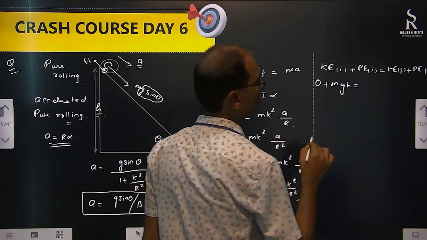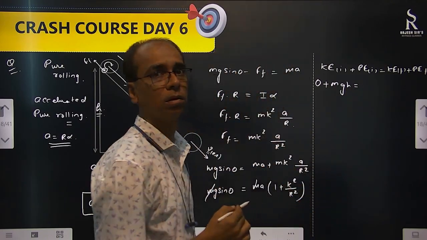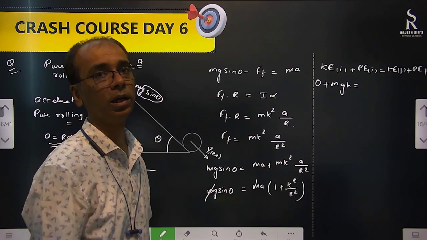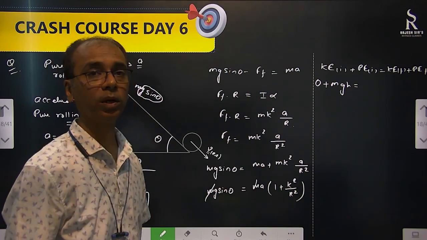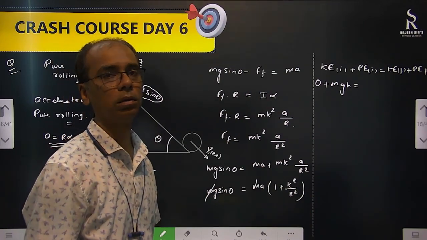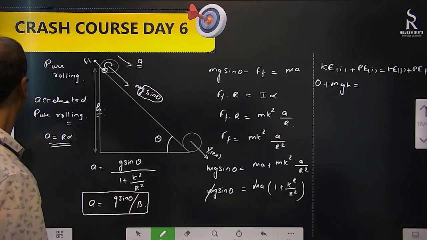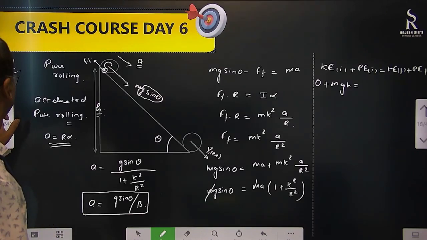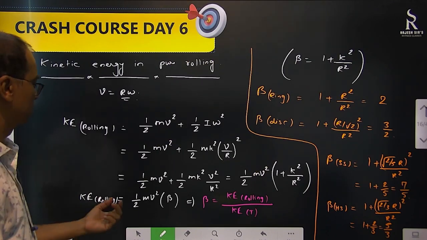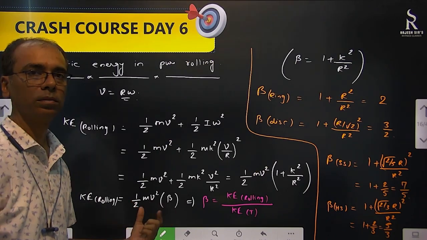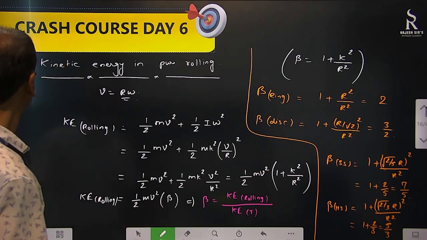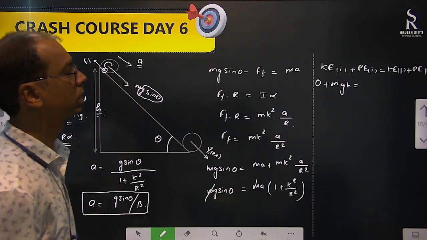Kinetic energy final: we have to write rolling kinetic energy, so half mv square into beta.